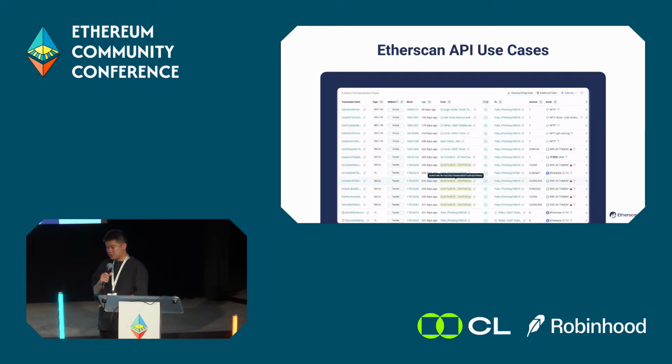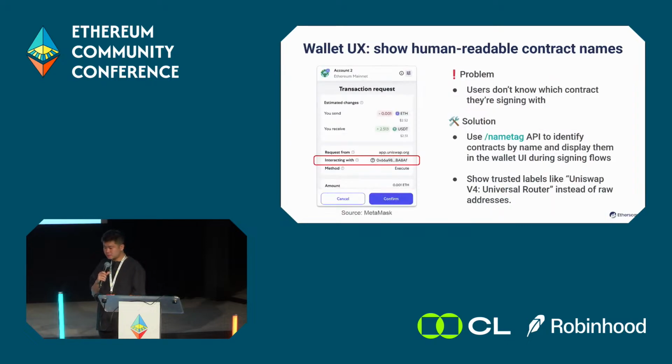Next, I'll be sharing a little more on the use cases of what our API is able to do. As you know, on Etherscan, we are progressively tagging addresses and contracts. Users will be able to use our API to identify these contract addresses. Most UI interfaces out there will just show a contract address.